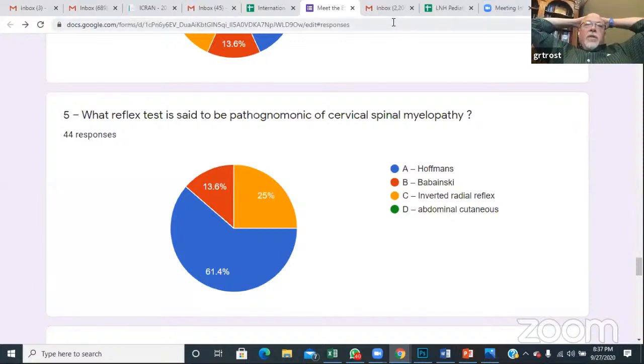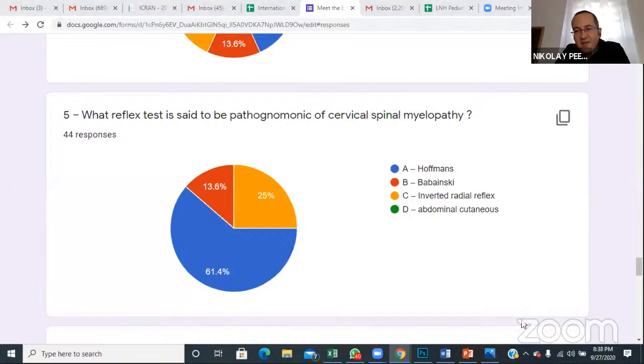Well, I'll tell you, when you go through medical school and you first learn to do Hoffman's reflex, there's a lot of people that have a positive Hoffman's reflex that don't have cervical myelopathy. Yeah, that's true. That's why I said about 60%; nothing is 100% in real life.